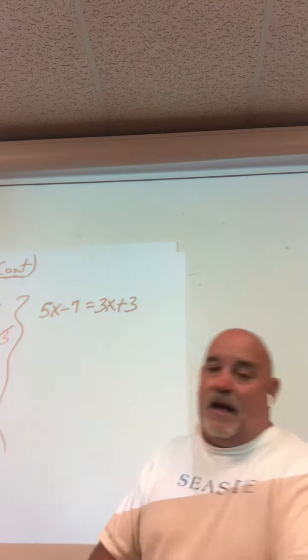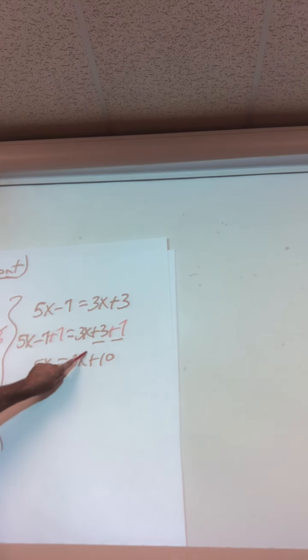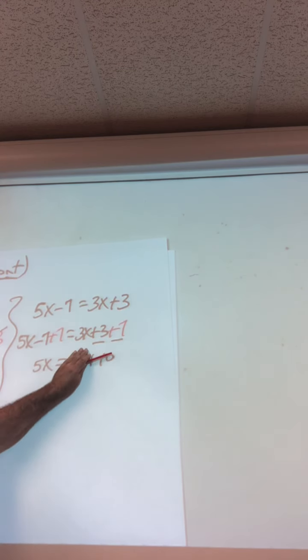All right. Now, the problem is you've got a variable term here and a variable term here. I need to get this entire variable term, not the 3, I need to get this entire variable term off of this side.